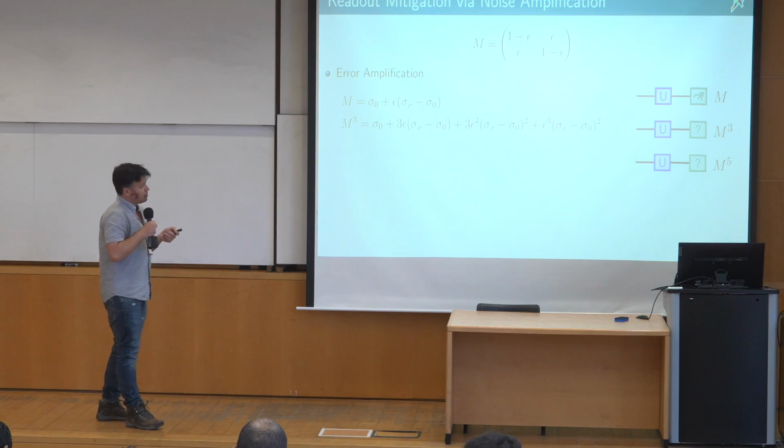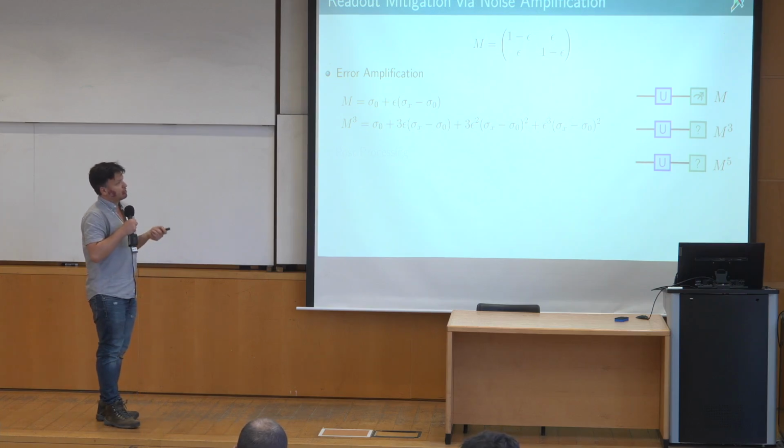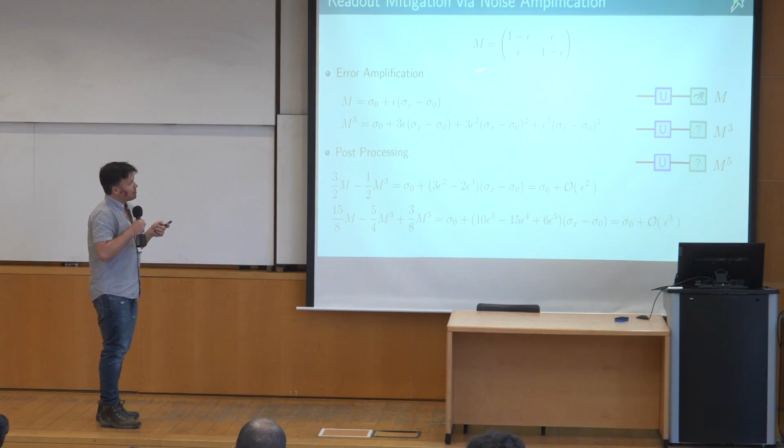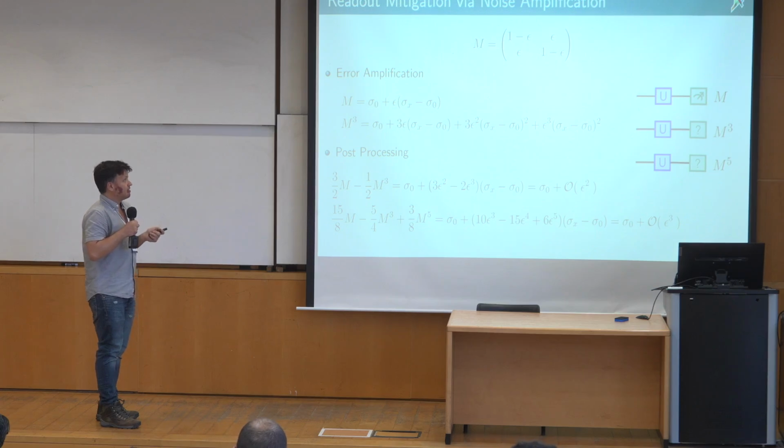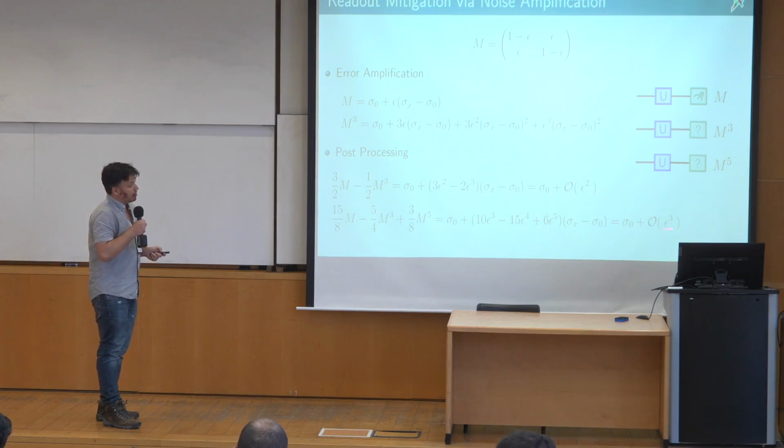If we could somehow do this type of measurement, we could combine these results in post-processing and then effectively mitigate the error. So epsilon here is the error parameter. If epsilon is 0, we'll have the identity. And so as you can see here, in the regular case, M will be proportional to epsilon, so it will be linear in epsilon. But if we combine these results in post-processing, then we can mitigate the effect of the error, okay?